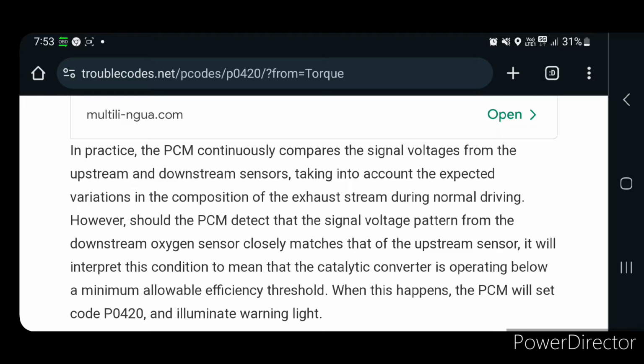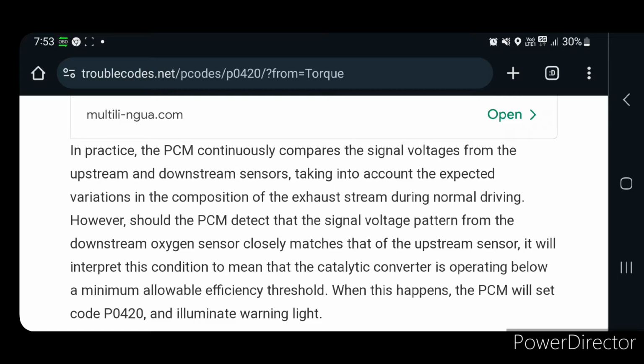So what we have now is the ECM reporting there is something wrong with the reading of the oxygen sensor on the downstream. It's saying that the quality of the emissions coming from the catalytic converter does not pass the required value put into the memory of the ECM by the manufacturer of this vehicle.